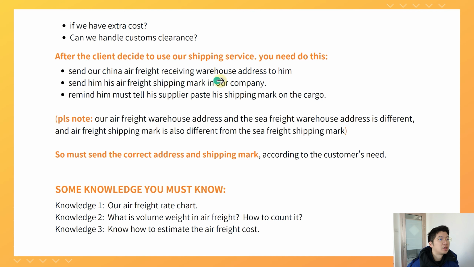This part is the same as sea freight, and please only note that our air freight warehouse address is different from the sea freight address, and the air freight shipping mark is also different from the sea freight shipping mark. So you must send the correct address and shipping mark to your customers according to their needs.